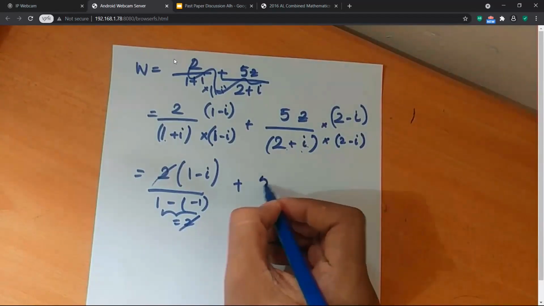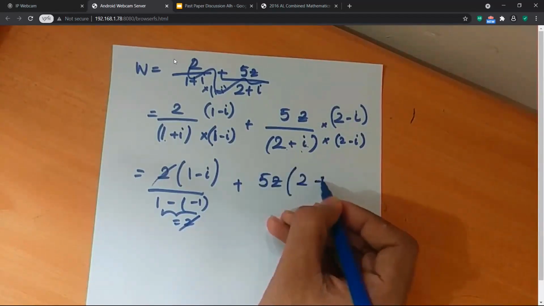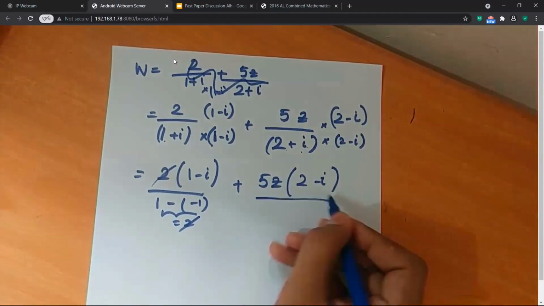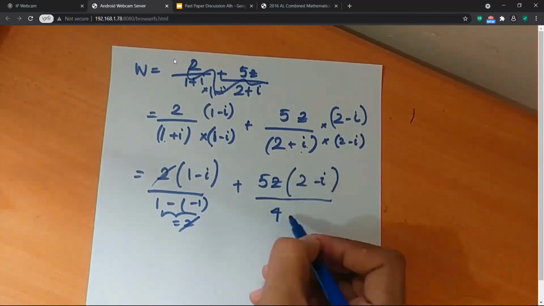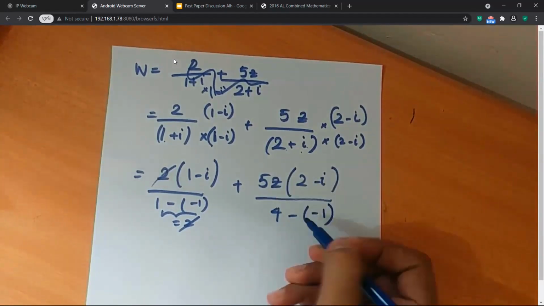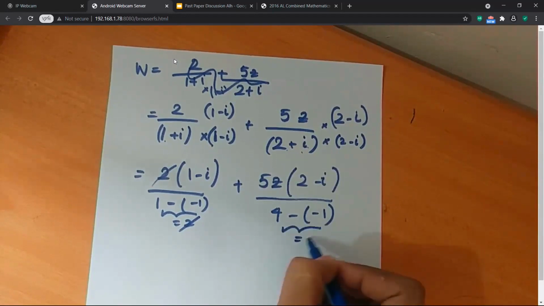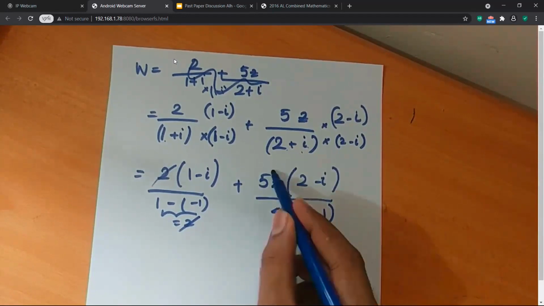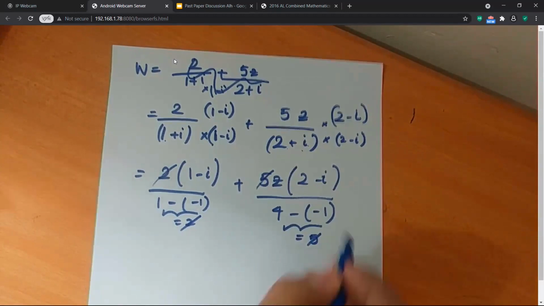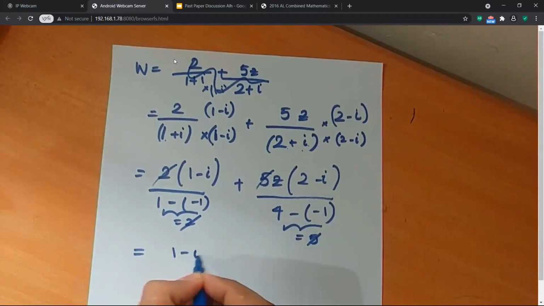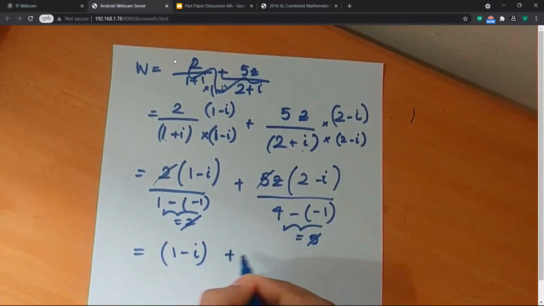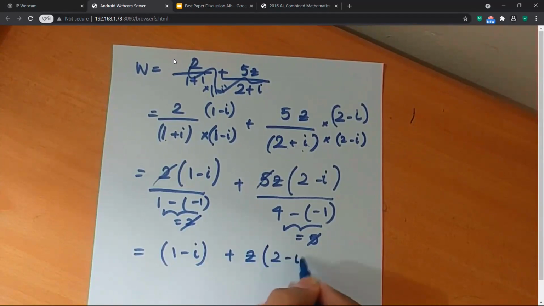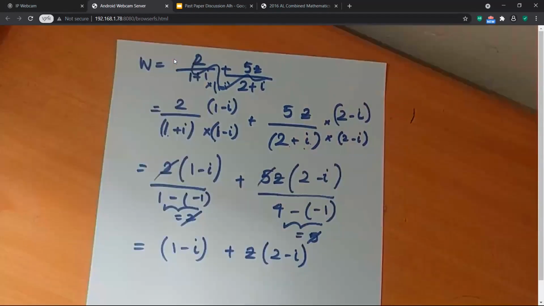So you get 5Z times 2 minus i here. What do you get in the denominator? 2 squared is 4 minus i squared, which is minus 1, so minus minus 1 becomes 5. Cancel 5 off. So the answer is 1 minus i plus Z times 2 minus i. Now we have W in a simpler form.